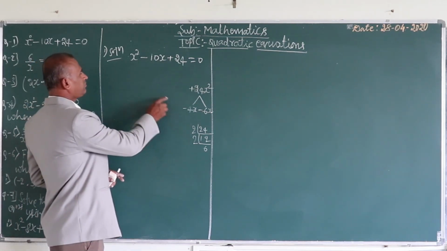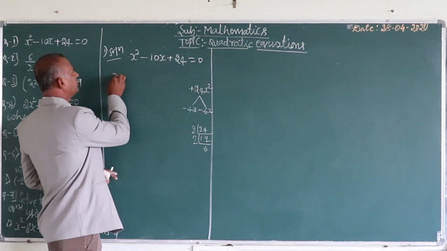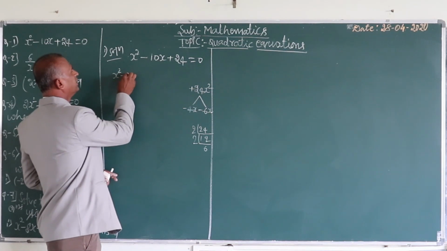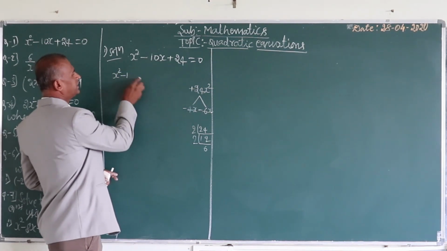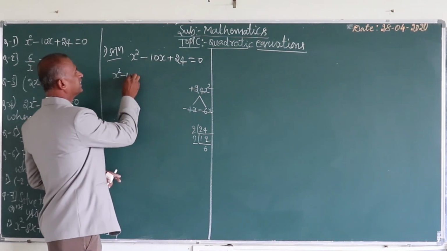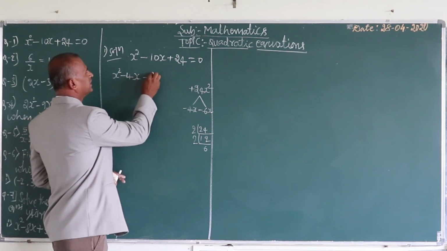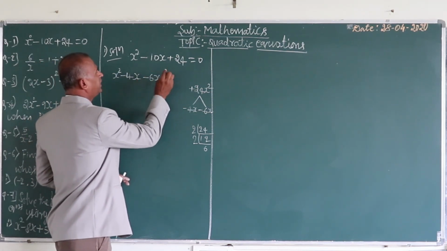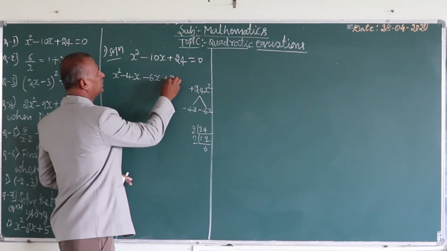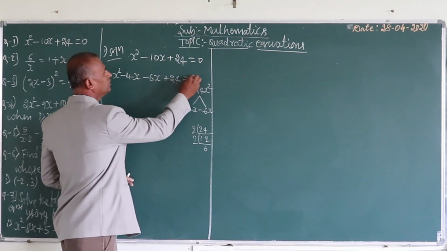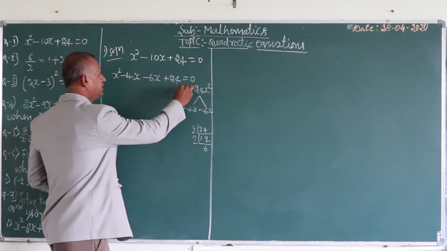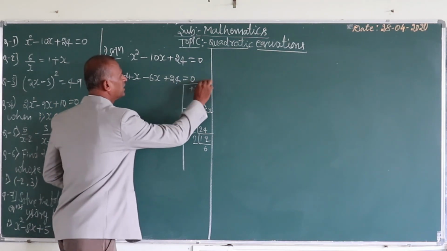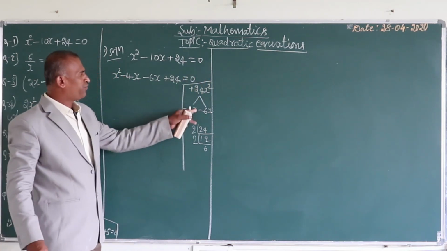Now you can write this one: x square minus 4x minus 6x plus 24 equals to 0. This is rough work.